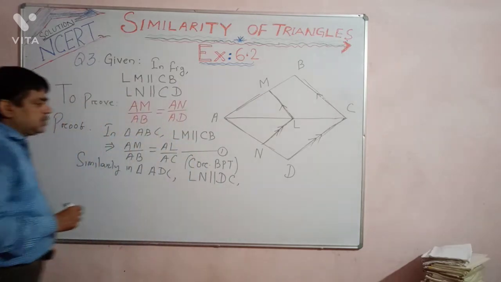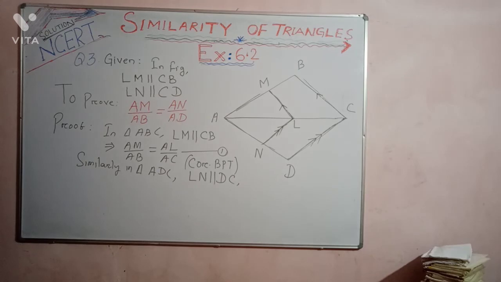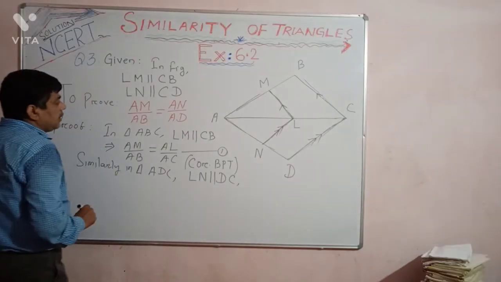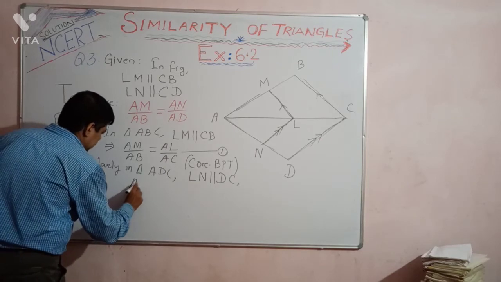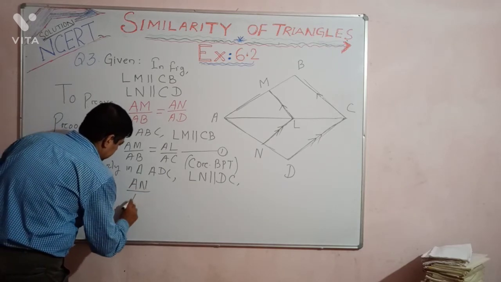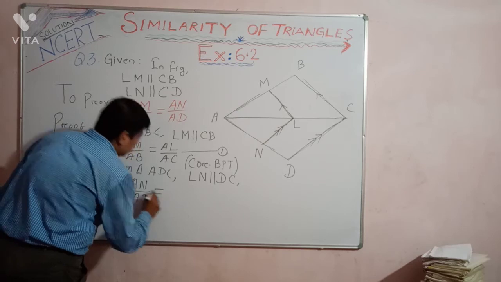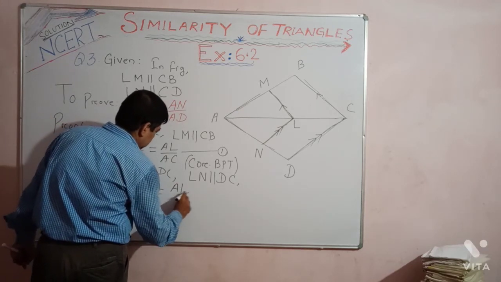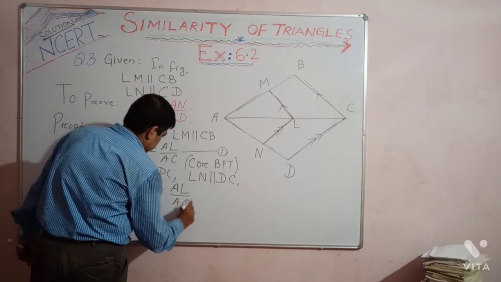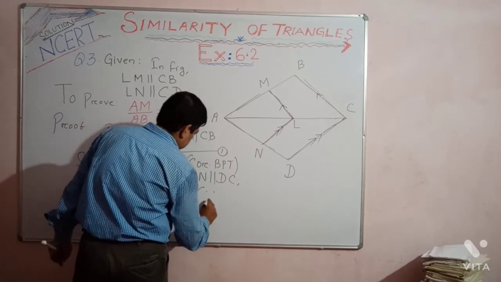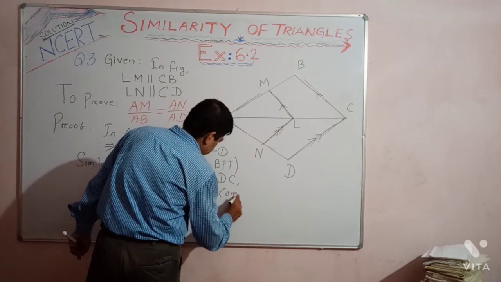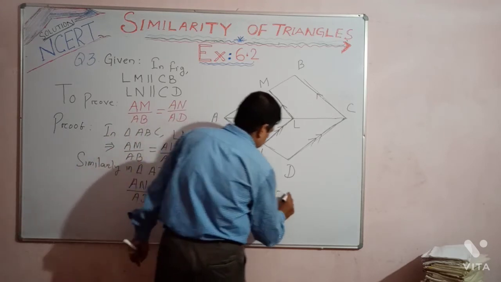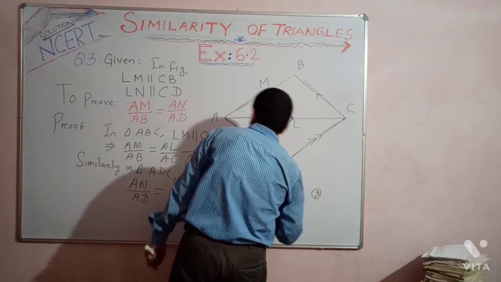So you can use the same concept of the corollary of the basic proportionality theorem. So AN upon AD must be equal to AL upon AC. This is also the corollary of BPT, the basic proportionality theorem, right? This is equation 2 we are getting.